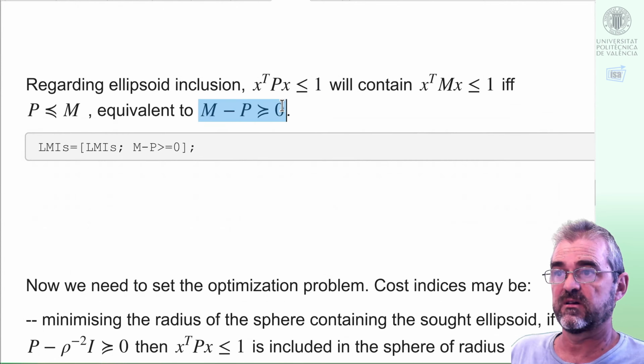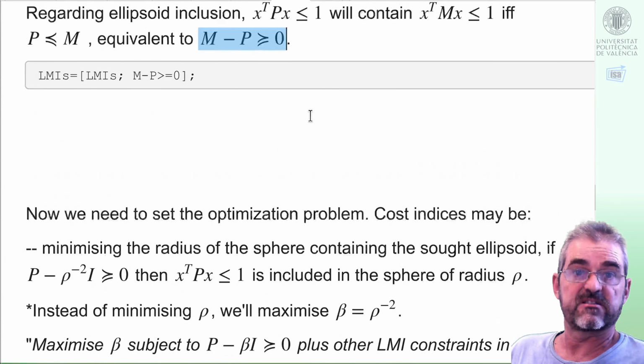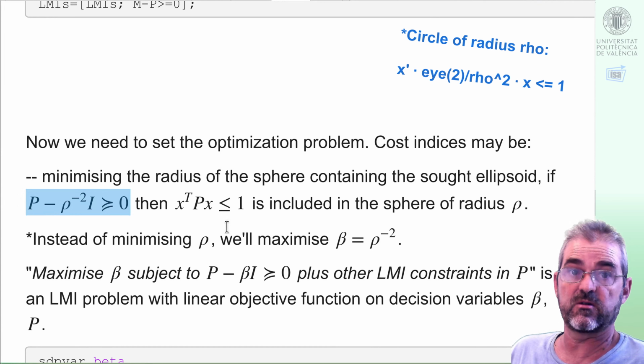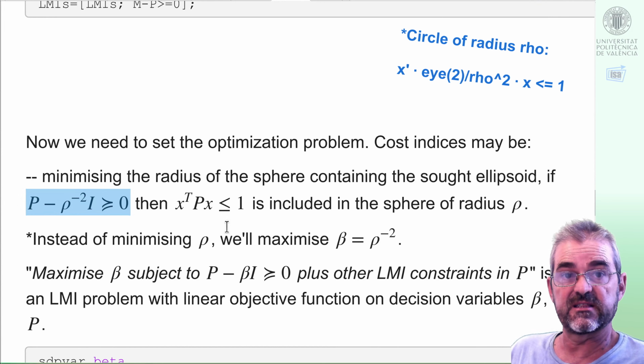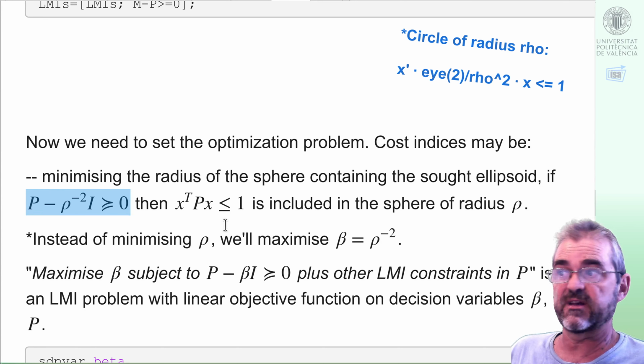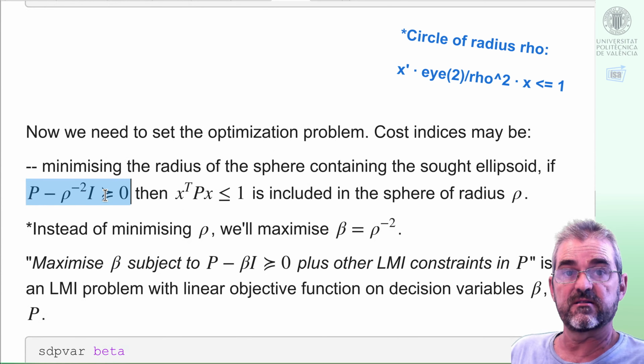Then, with the same argumentation we had here, a sphere of radius rho has this multiple of identity matrix defining it, so you can pause and think or look at the relevant materials in this collection or in other literature to realize that this constraint makes my ellipse lie inside a circle of radius rho.